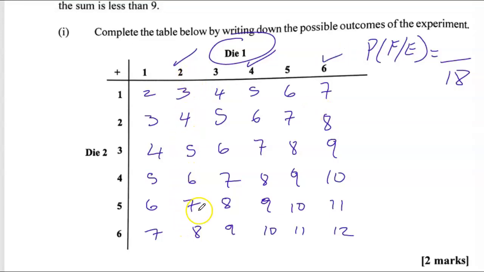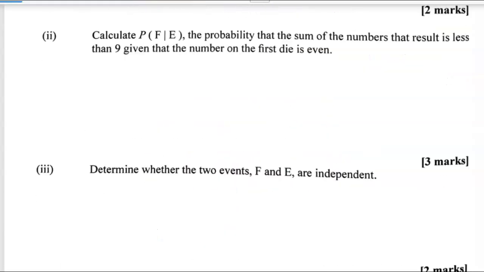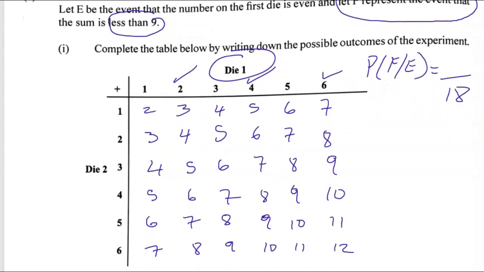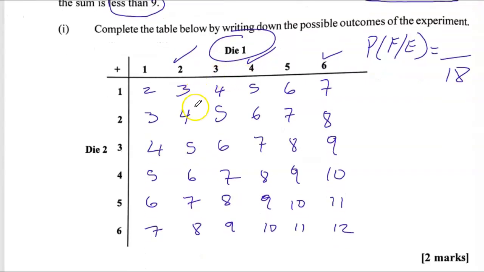Now we want the amount that's, remember, F represents when the total is less than 9. So from these 18 numbers, let's look at the amount of them that's less than 9.